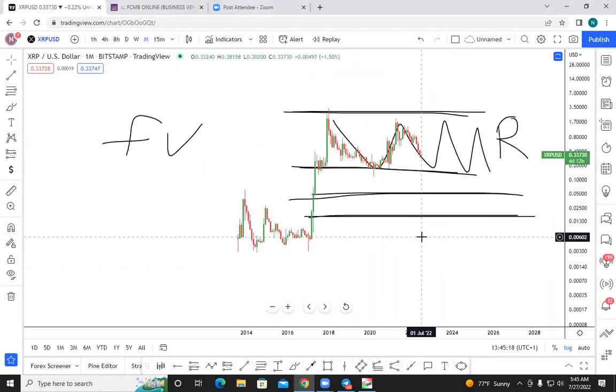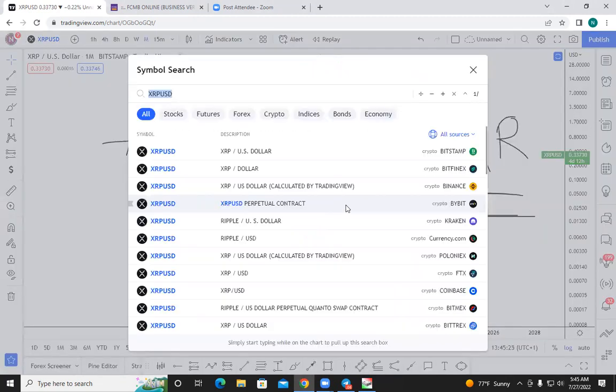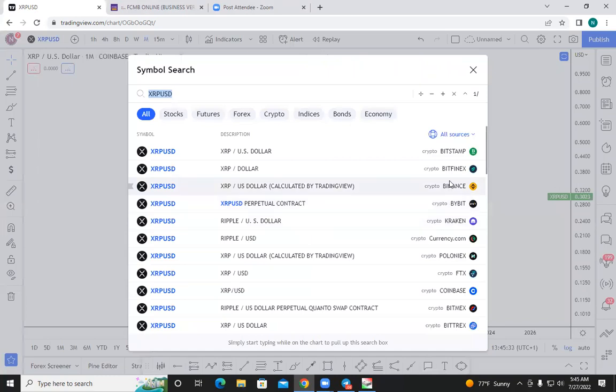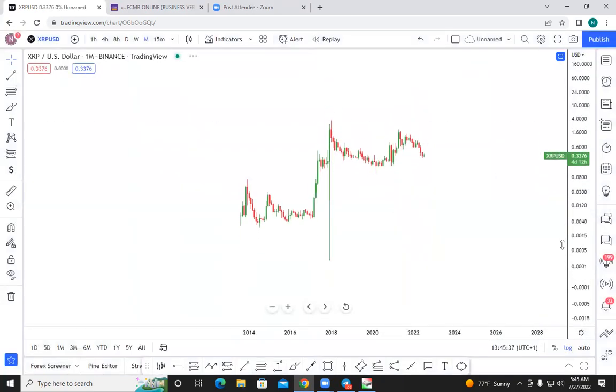If you can look at the feed from Coinbase or Binance. Okay, Binance or Coinbase. Both have it.